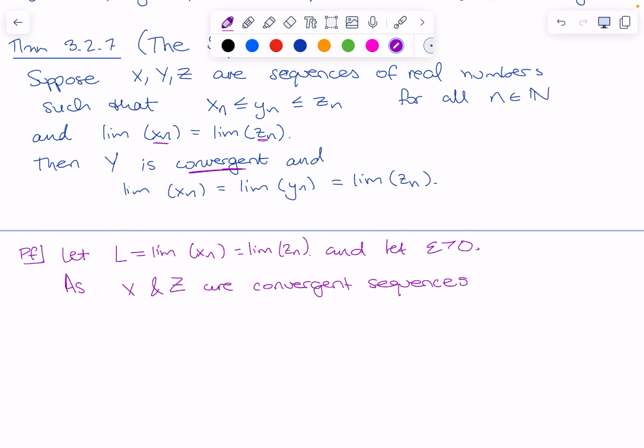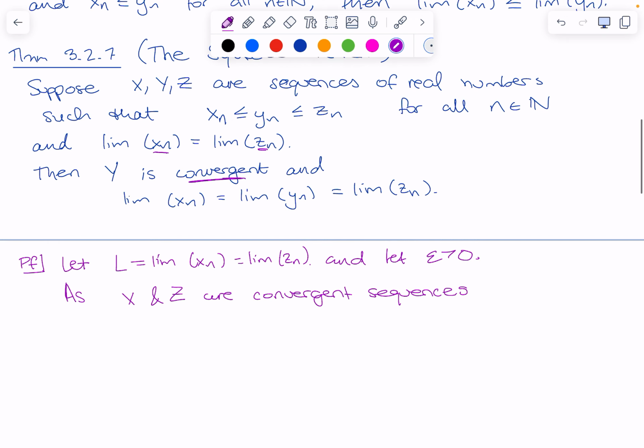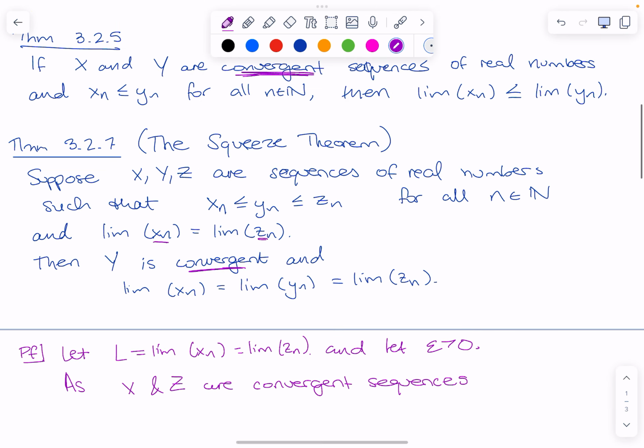Because if both of them are going to infinity, right? That's actually a good point. But it doesn't say that they're convergent. So that's actually a really good point. But we're saying that y is convergent, right? So in order for y to be convergent, but we don't. So we should actually put that in here.